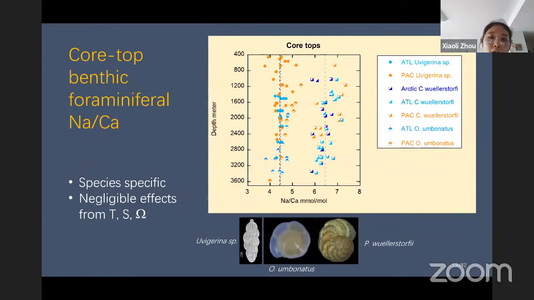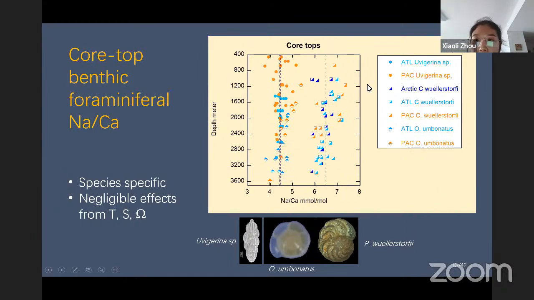So that's the culture experiment result, but we also want to know whether the sodium-calcium is also affected by other variables. So here is the core top data for 3 benthic foraminifera, the Cibicidoides wuellerstorfi, and Ambonatus. These circles, squares, and diamonds represent each of these species.